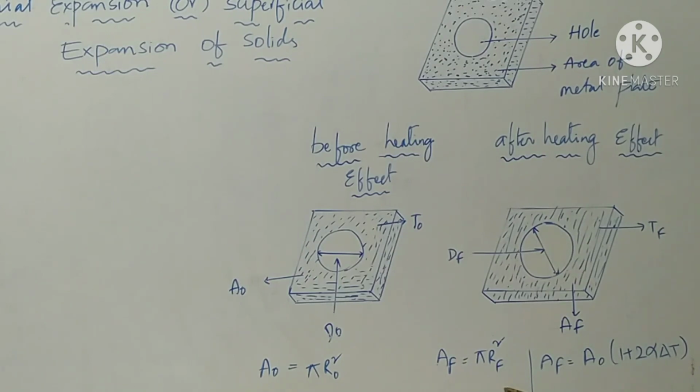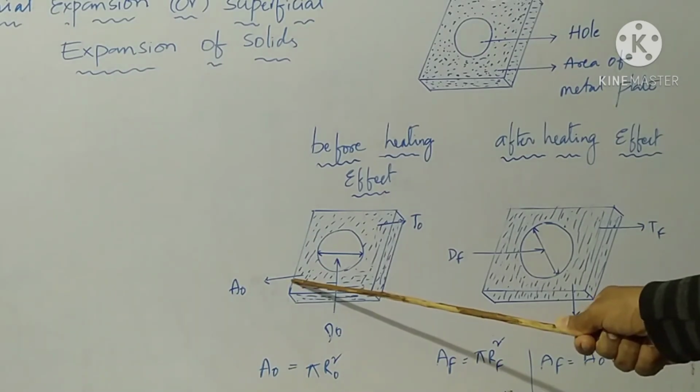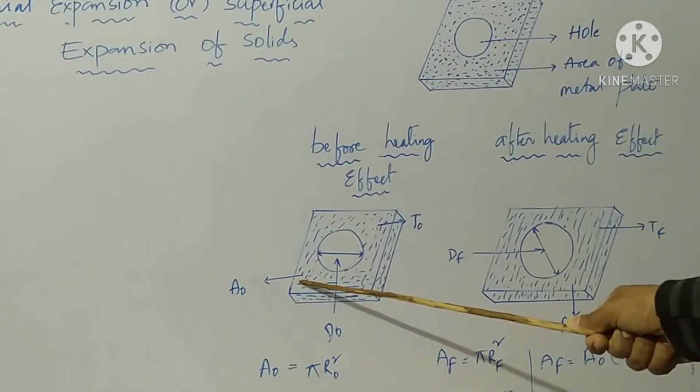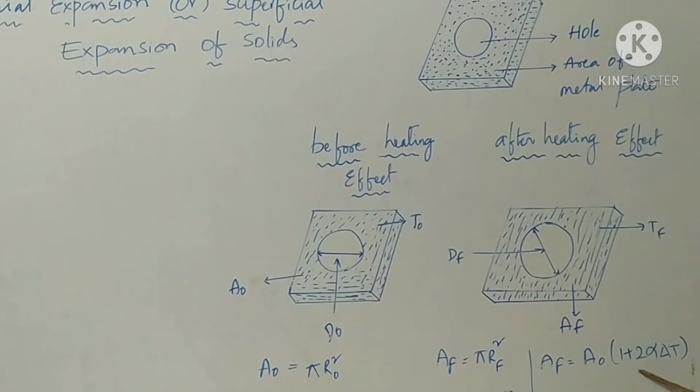Rf is the radius at the final stage. This is also the area of the plate. The final area of the plate is equal to A naught, the area at initial temperature, into 1 plus 2 alpha delta T. Alpha is the linear expansion coefficient.